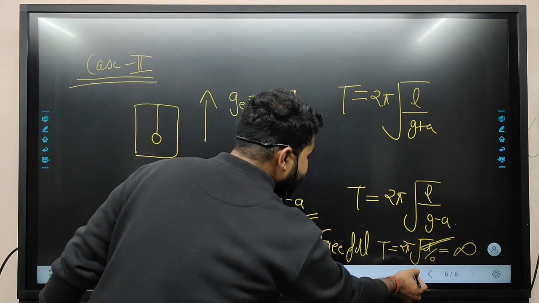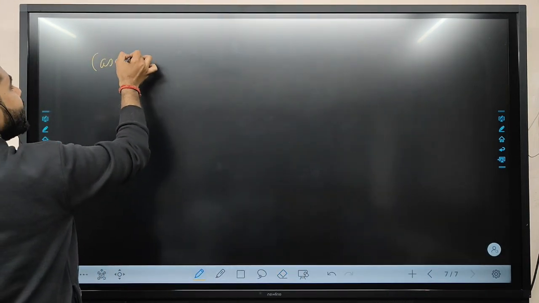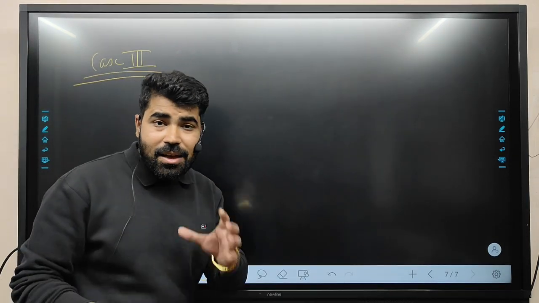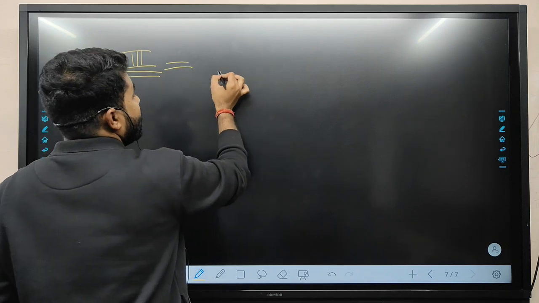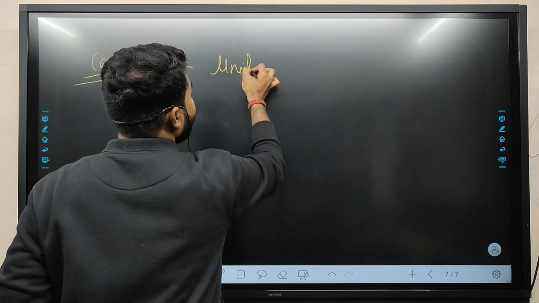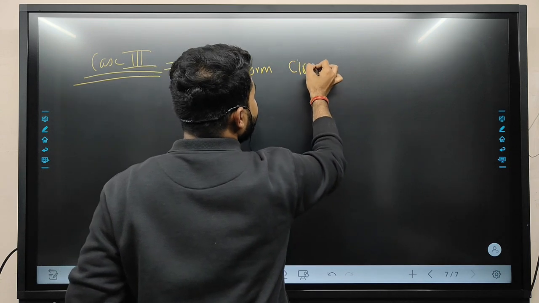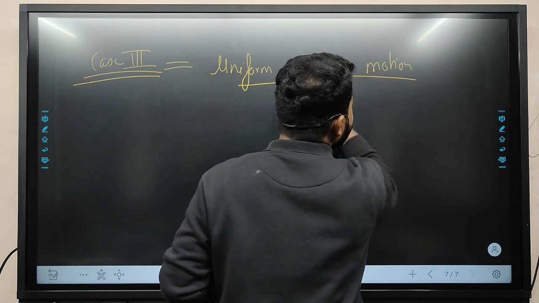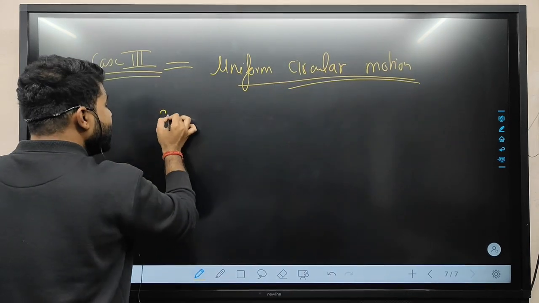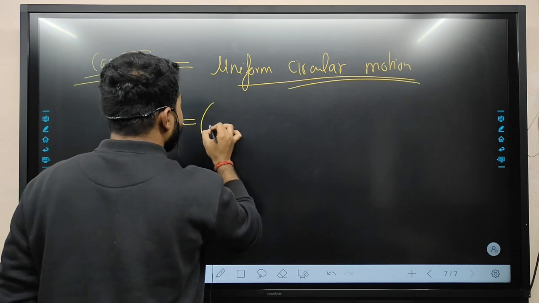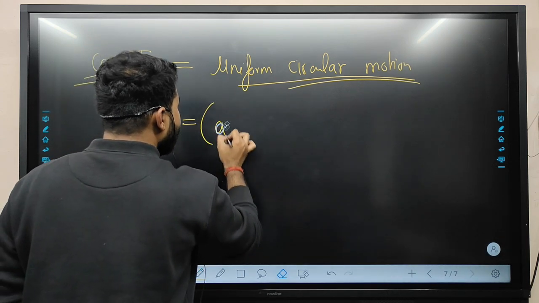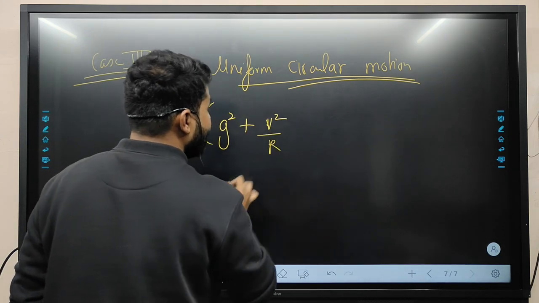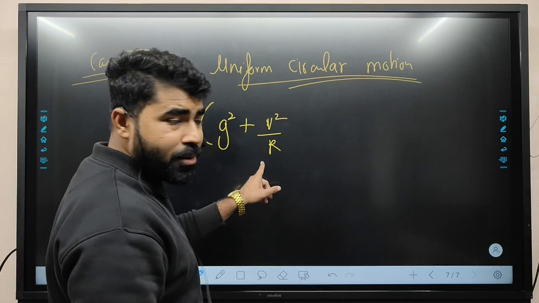Now case 3 we will consider, when the pendulum is in a body which is exhibiting uniform circular motion. In case of uniform circular motion, our G effective will be under root G square plus V square upon R whole power 1 by 2, where V square upon R is the centripetal acceleration.